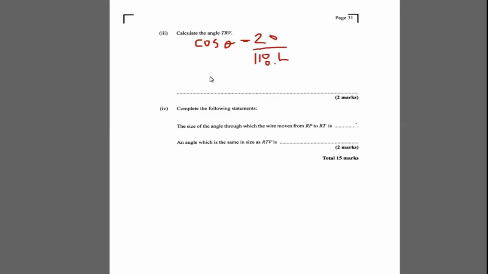So theta is cos inverse of 20 divided by 118.4, which is 0.169, and you take cos inverse of that, and I'm getting 80.3 degrees.